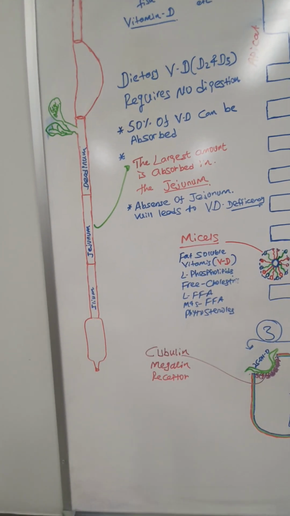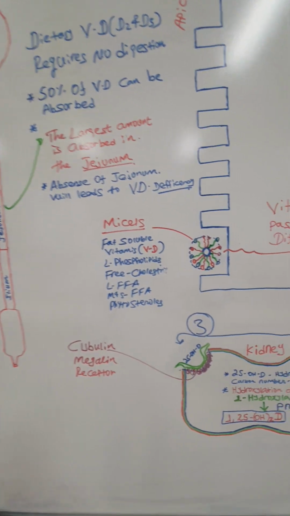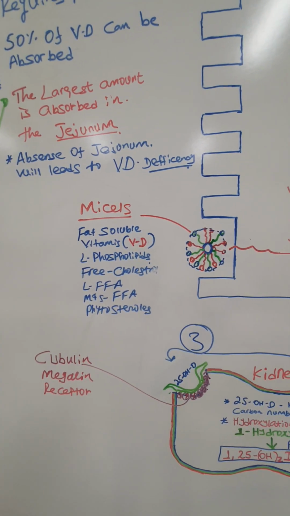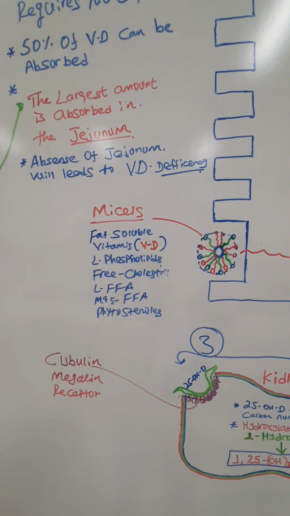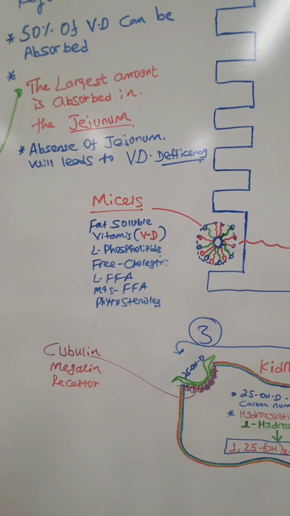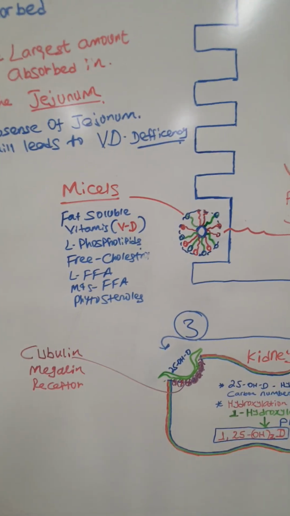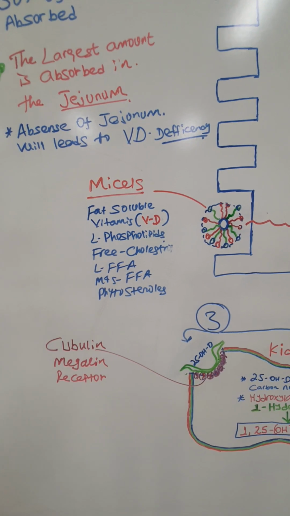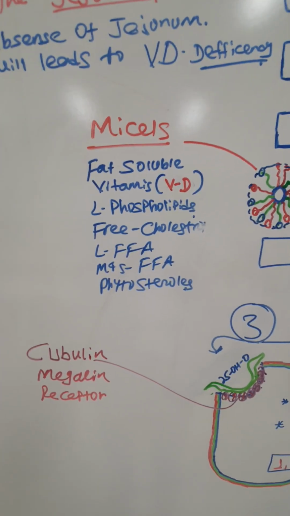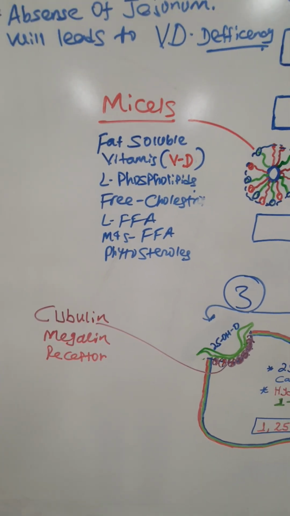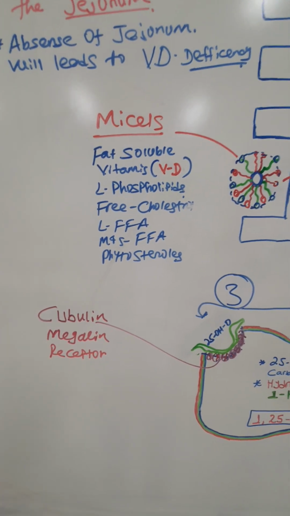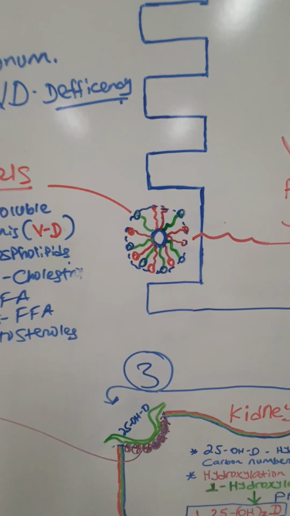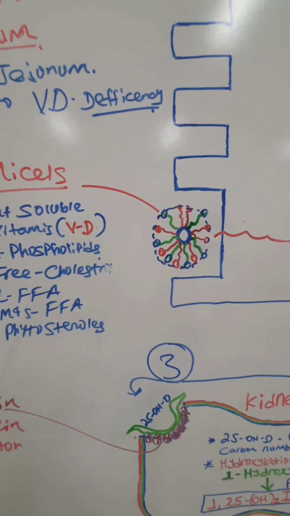These all together will form a micelle. The micelle is used to transport these collective materials, such as fat-soluble vitamins, including vitamin D, A, E, K, depending on their availability in our diet, along with long-chain free fatty acids, medium and short-chain fatty acids, and phytosterol, with the addition of bile acid. This is a representation of micelles.